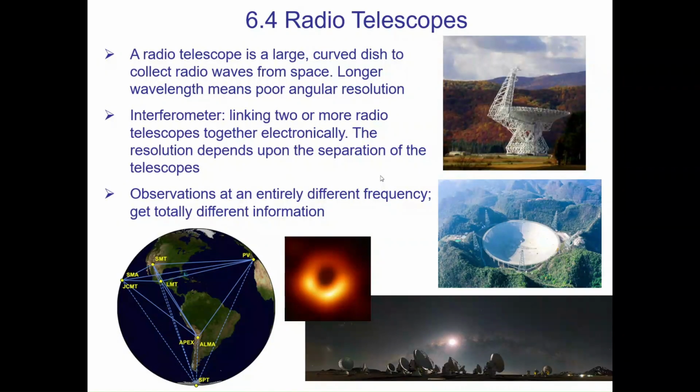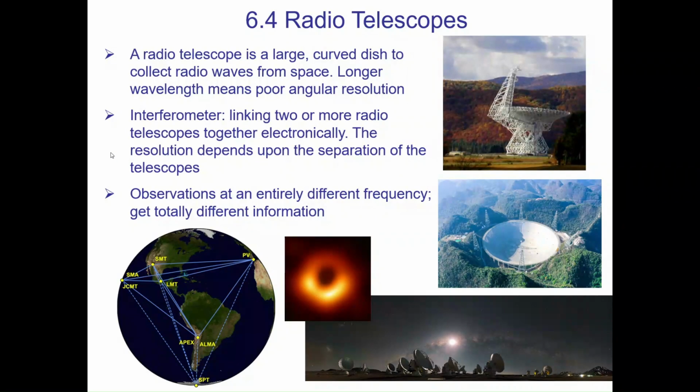We have something like that for radio telescopes. We call it an interferometer. That is, we build a lot of radio dishes, or radio telescopes, link them electronically, and combine the data or the information received from them.